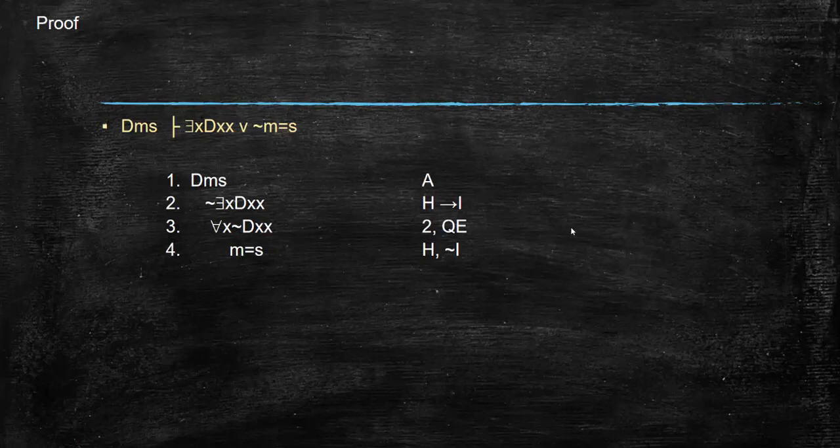Both of those are available to us by universal elimination, and it looks like then we would be able to use identity elimination to create a contradiction with the first assumption, the only assumption.